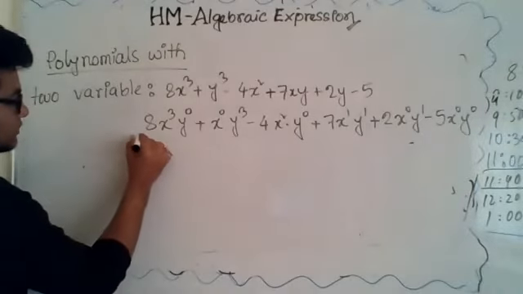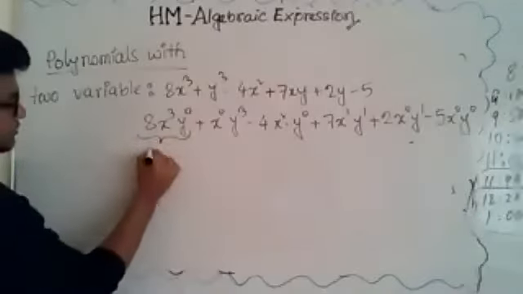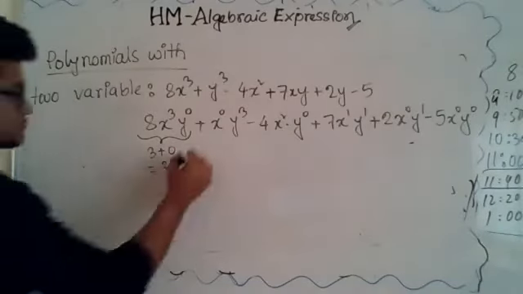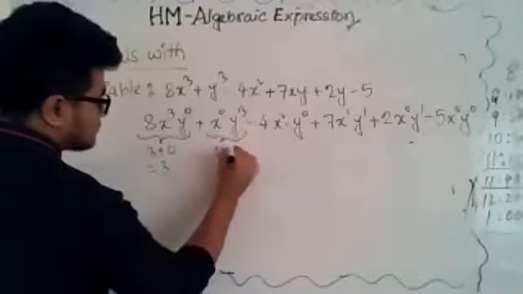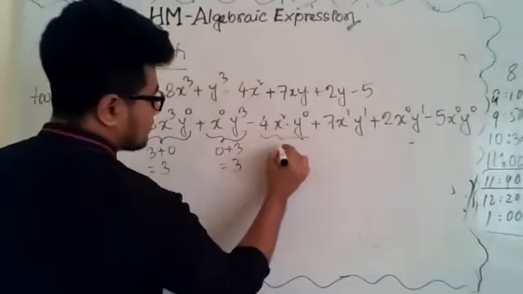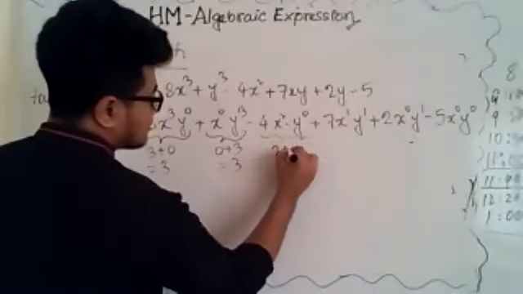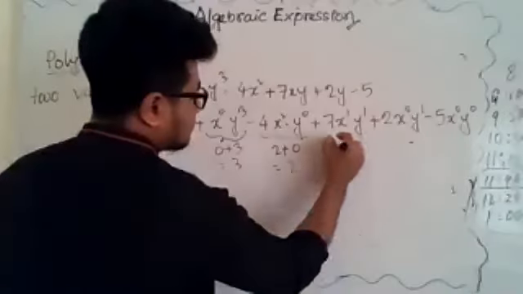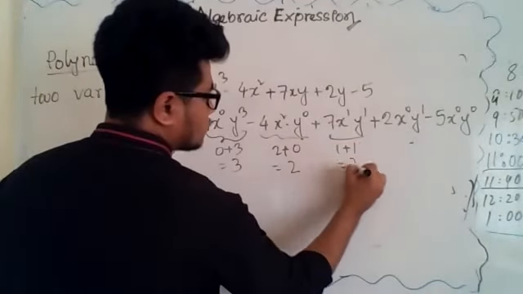Now, if I tell you to find the degree of this term, you will tell me that 3 plus 0, the degree of this term is 3. And the degree of this term, 0 plus 3, is also 3. The degree of this term is 2 plus 0, equal to 2. And the degree of this term, 1 plus 1, is equal to 2.